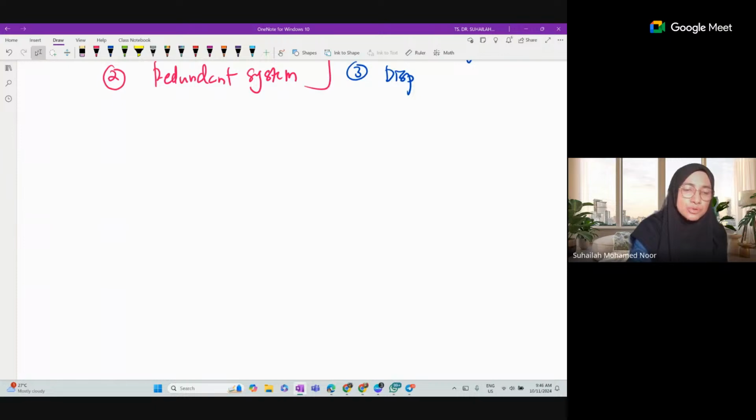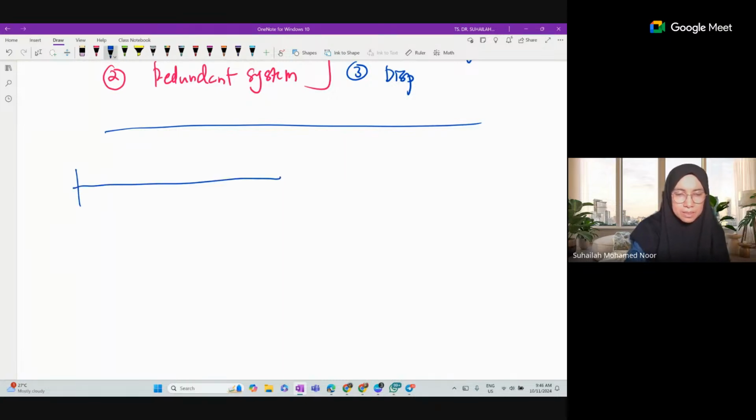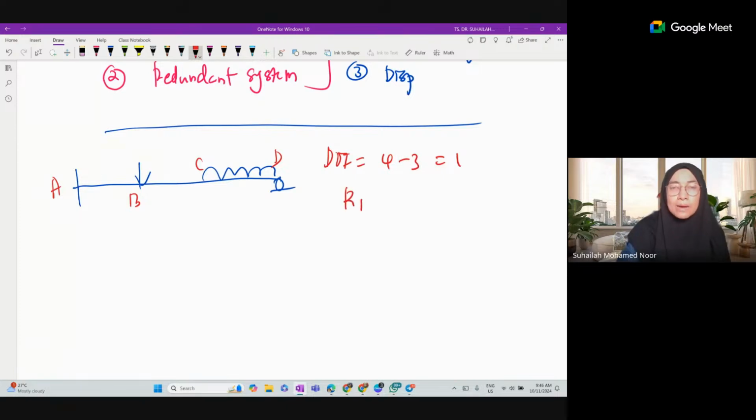For example, if we have one beam with a point load and a UDL, with supports A, B, C, D, the degree of indeterminacy is 4 minus 3, which is 1. One redundant in the system means R1.